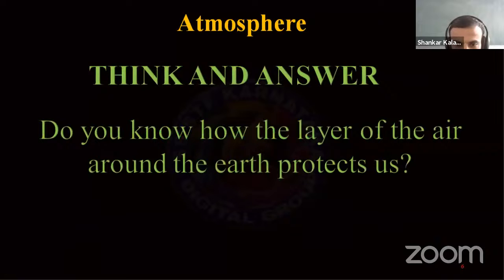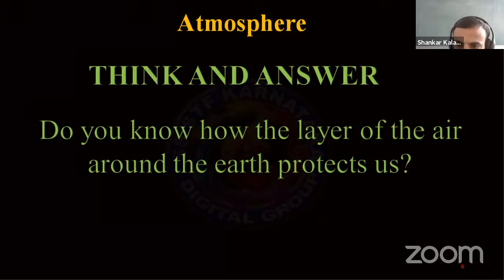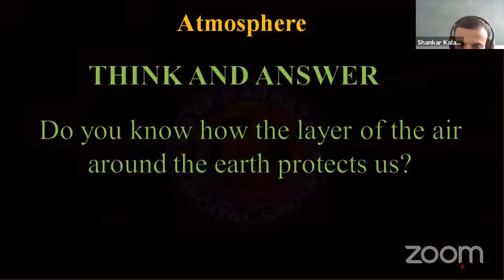Do you know how the layers of air around the earth protect us? This is the question for you. You have to tell how the layers of air in the atmosphere protect us. How will they protect us?